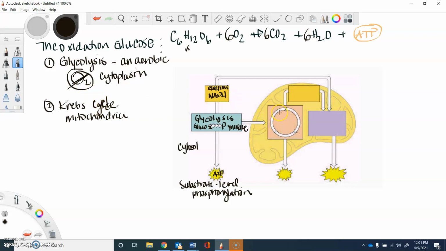So this is the Krebs cycle, and we will utilize this molecule of pyruvate, and we will bring it in here and convert it to a molecule that can be fed into this thing called the Krebs cycle, and that will make some ATP. It will do that through substrate level phosphorylation.